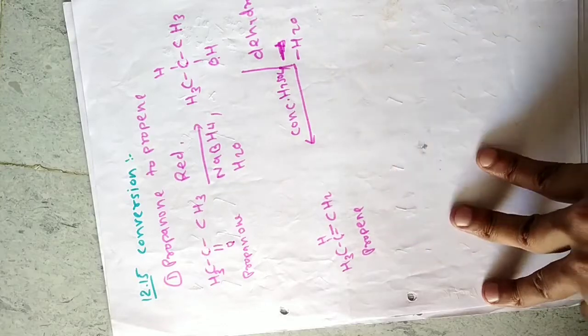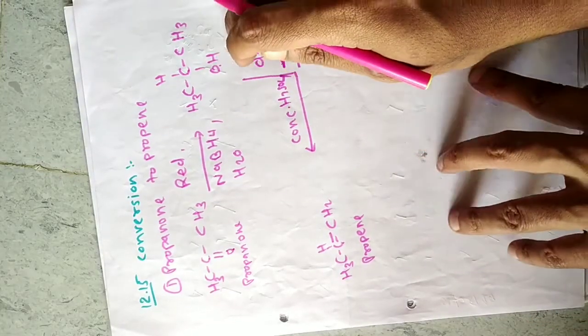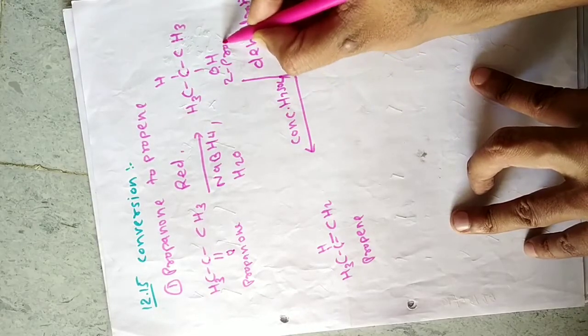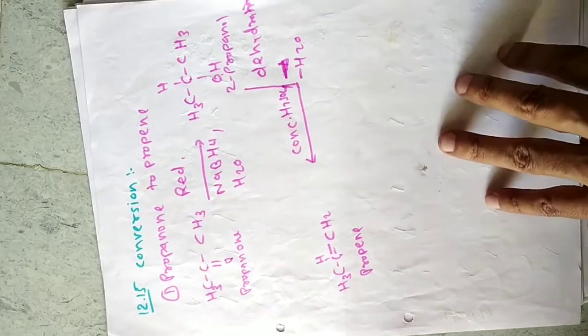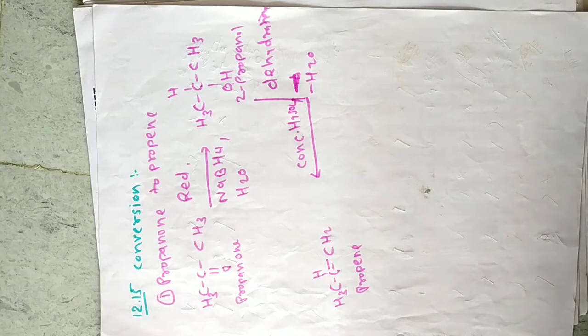So you'll get propene. The name of the intermediate compound is 2-propanol. So this one is your first conversion. The second conversion is benzoic acid to benzaldehyde.